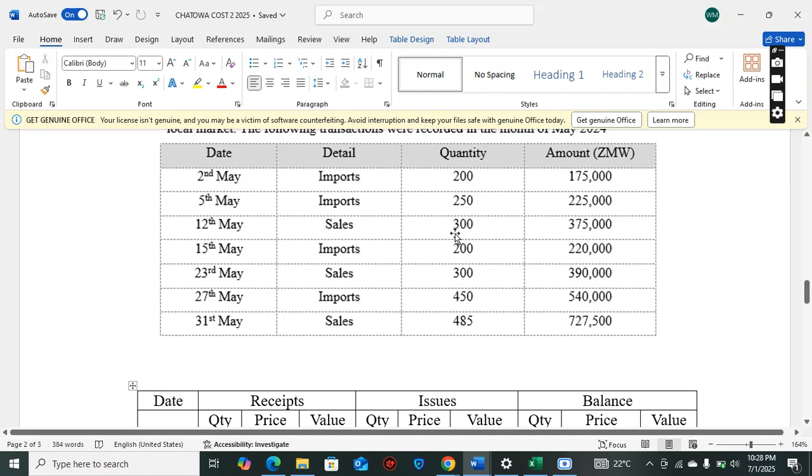We sold 300 solar panels, and we made 375,000.